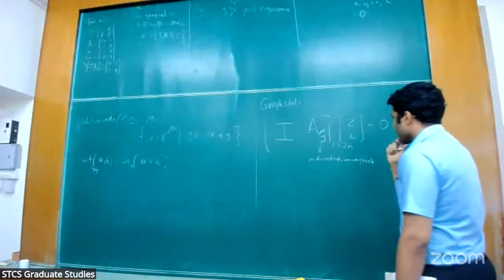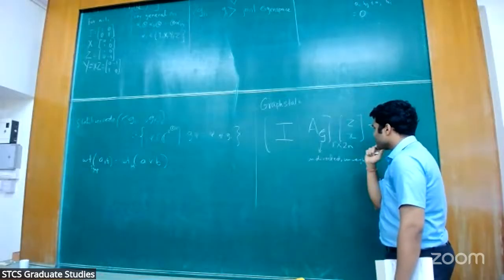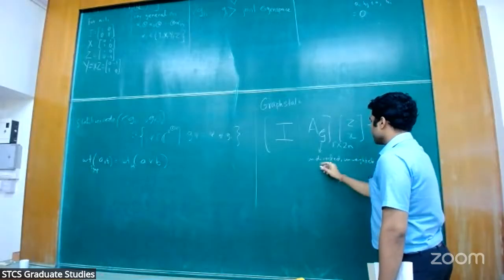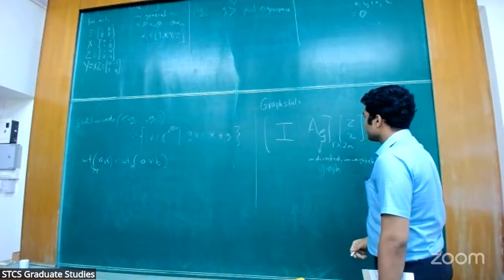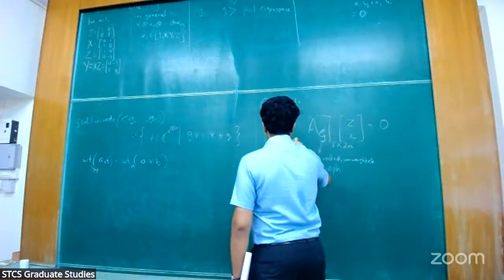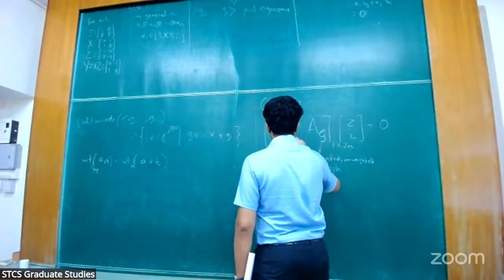So you have an undirected, unweighted graph on n vertices, and this is the identity on n cross n.